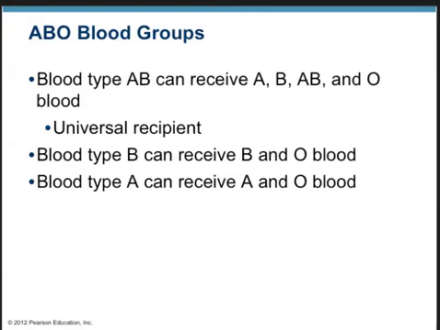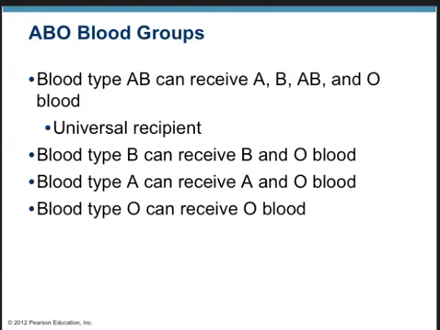type O blood. And finally, an individual who is type O is not going to have an antibody against the type O antigen because that antibody simply isn't produced. However, they are going to have antibodies against both the A and the B antigen, and the result is going to be that they can only receive type O blood.